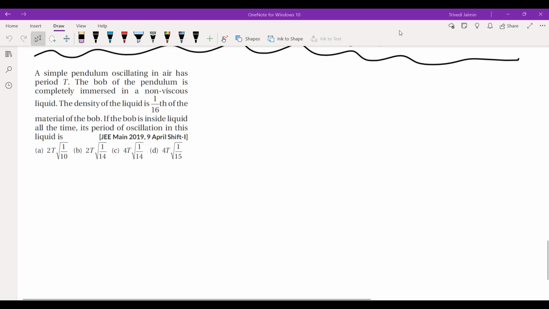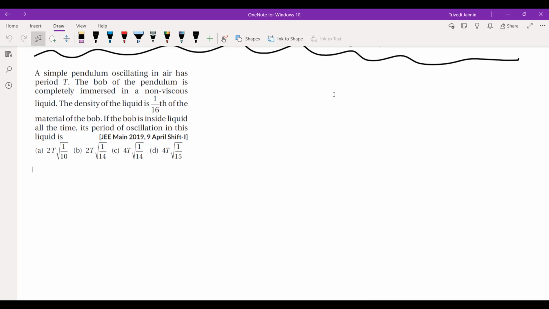The density of the liquid is 1/16th of the material of the bob. If the bob is inside the liquid all the time, what is its period of oscillation in this liquid? So we need to calculate.